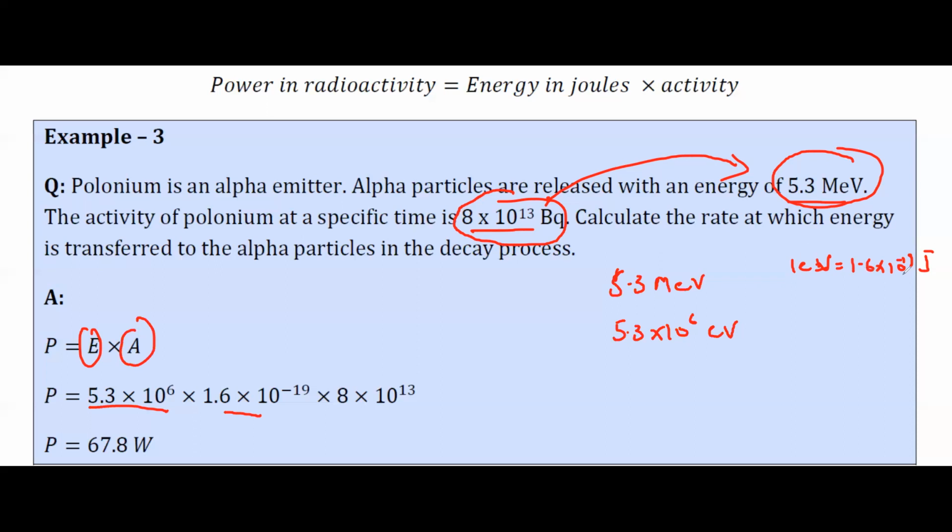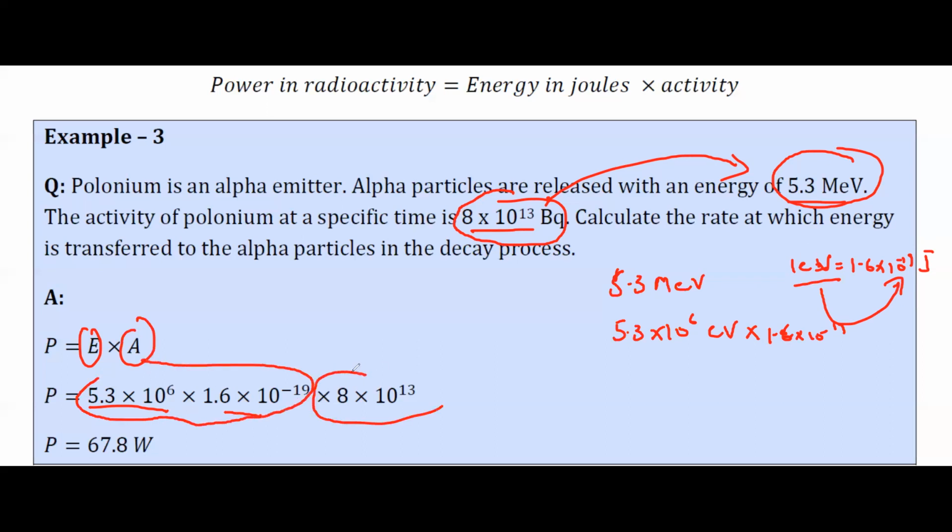The charge of 1 electron is 1.6 into 10 power minus 19 coulomb, and 1 electron volt is 1.6 into 10 power minus 19 joule. So to convert electron volt into joule, we multiply by 1.6 into 10 power minus 19.